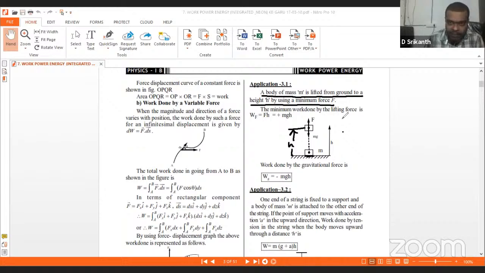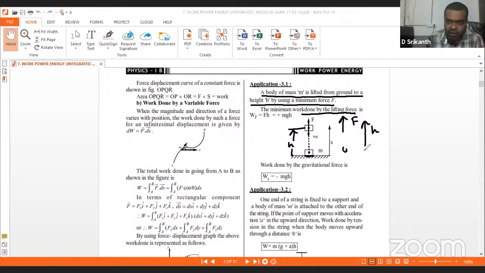The force applied is vertically upwards, and the displacement is also upward. So here we are calculating the minimum work done by the lifting force. The direction of force and displacement are along the same direction.